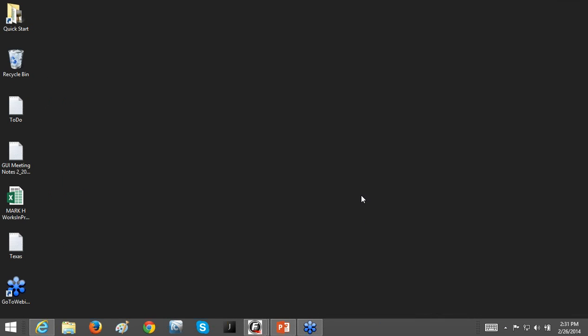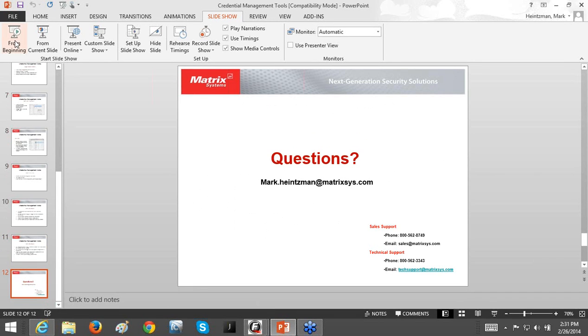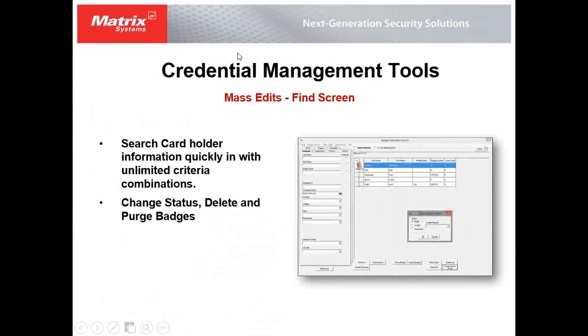You have the power to search by any combination of criteria within your badging screen. And once you search for those records and return those record sets, mass edits will give you the ability to actually manipulate that data. So that's pretty much the gist of mass edits and what you can do with it.